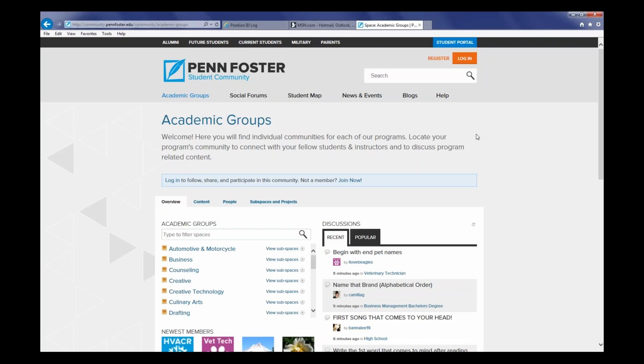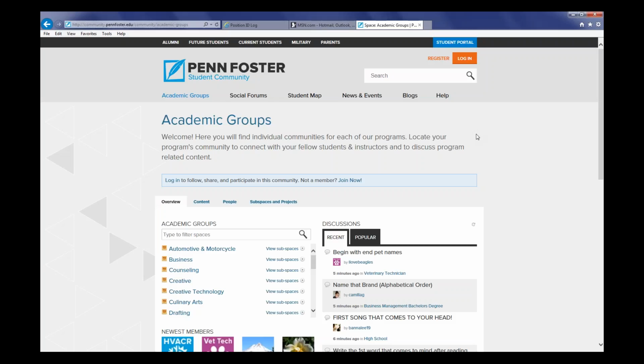I jumped over to the student community. And to get to the student community, you could do it one of 2 ways. The first way is if you log into your Penn Foster account, on your home page in the upper right hand corner, there is a purple button that says community.